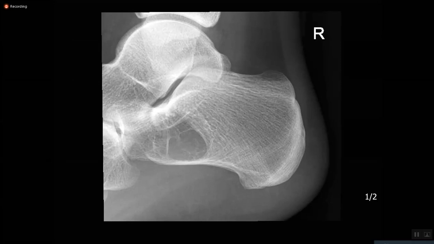This is a lateral radiograph of the right calcaneum of a skeletally mature patient. There is a well-defined lucent lesion in the mid to anterior part of the calcaneum, which is, as I mentioned, predominantly lucent, but there are some speckles of calcification within it.